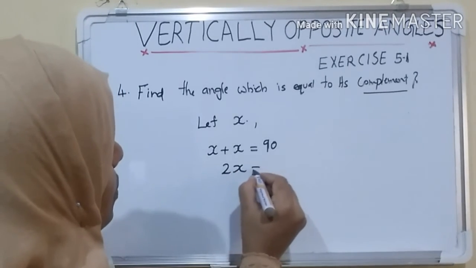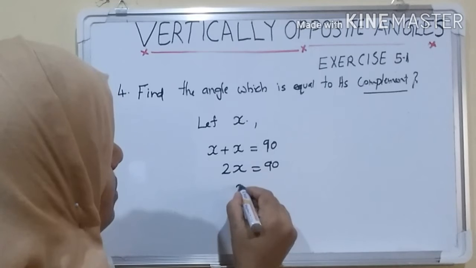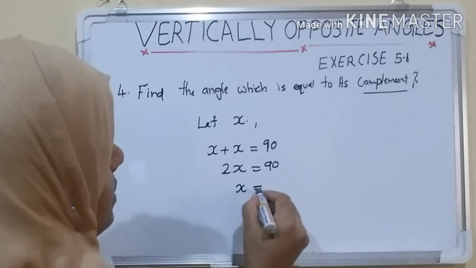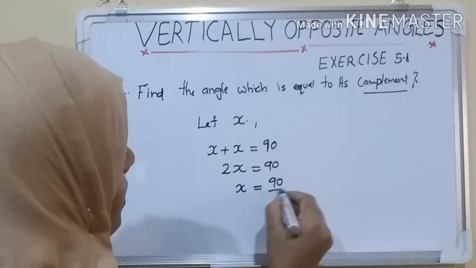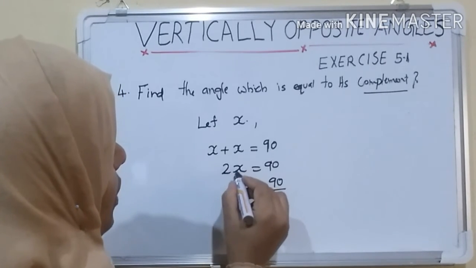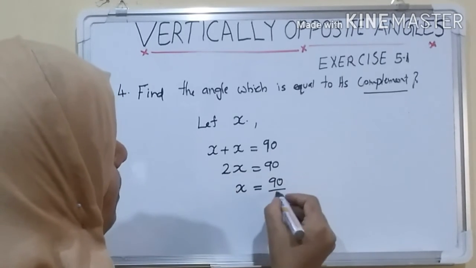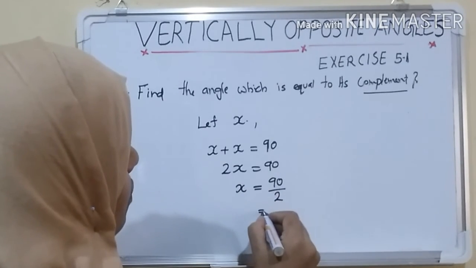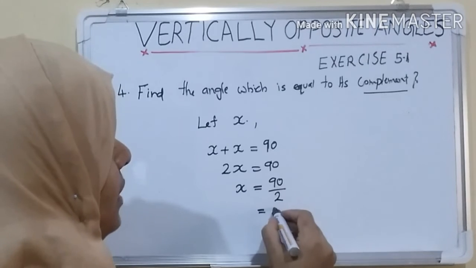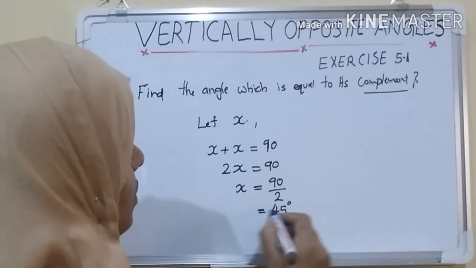2x equal to 90. So from this equation we can find x. x equal to 90 divided by 2. 90 divided by 2 equal to 45.